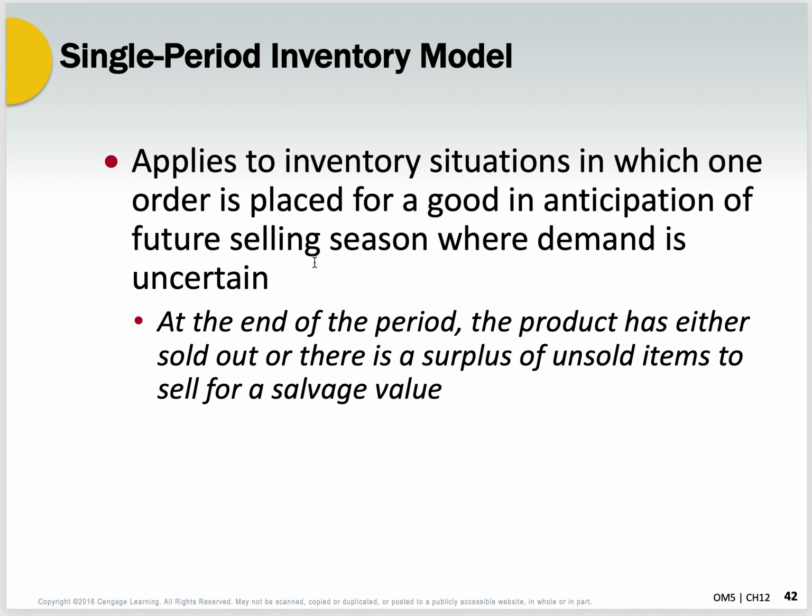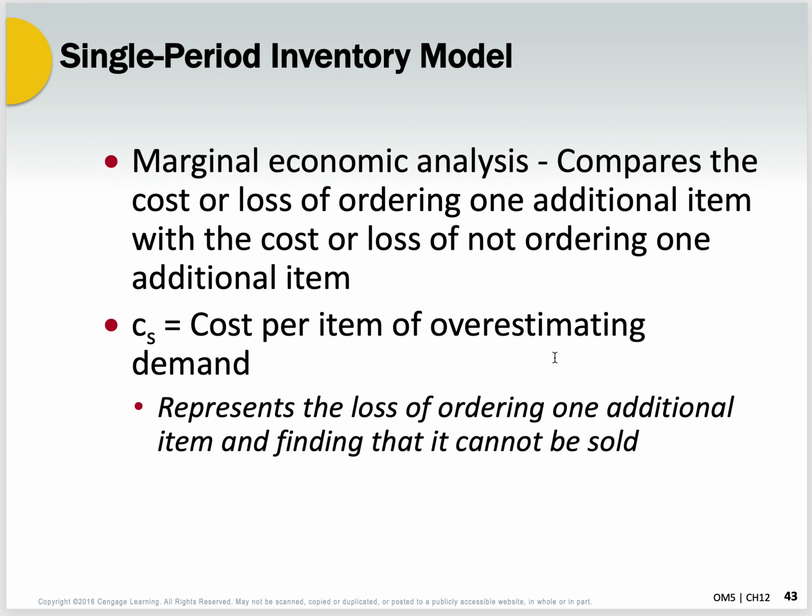And if something big happens and the newspapers sell quickly, I might not have enough newspapers to cover me, so I lose sales that way. At the end of the period, the product is either sold out or there's a surplus. And most clothing stores generally end up with a surplus of things.